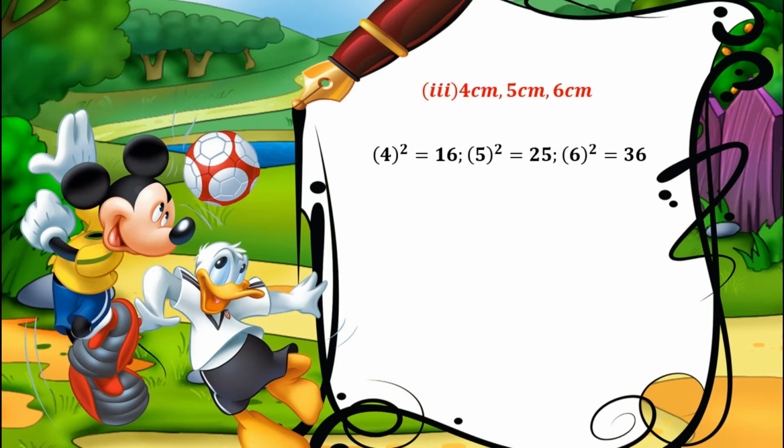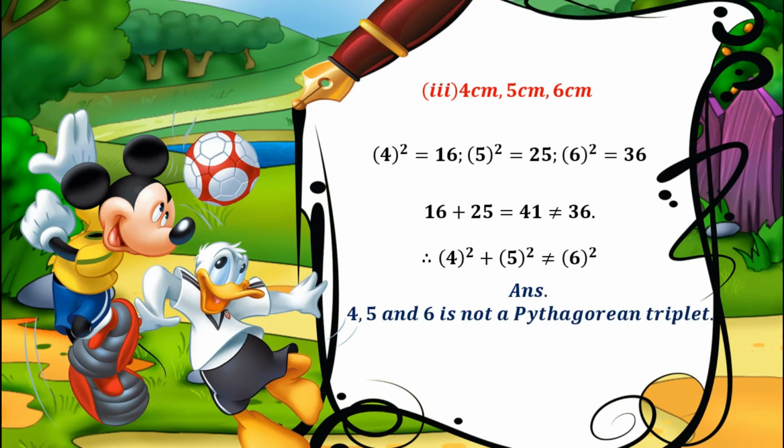So 16 plus 25 will be 41, and you see that 41 is not equal to 36. So it means that 4 raised to 2 plus 5 raised to 2 is not equal to 6 raised to 2. So the answer will be: 4, 5 and 6 is not a Pythagorean triplet.